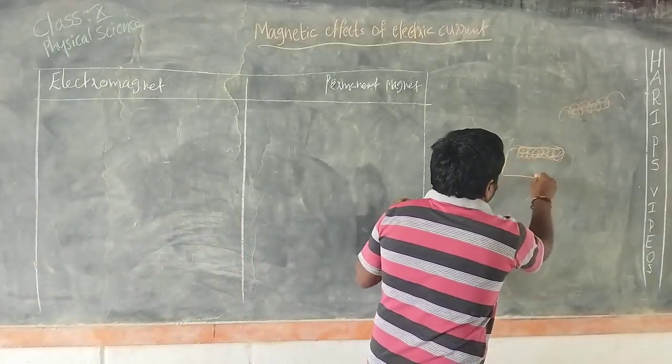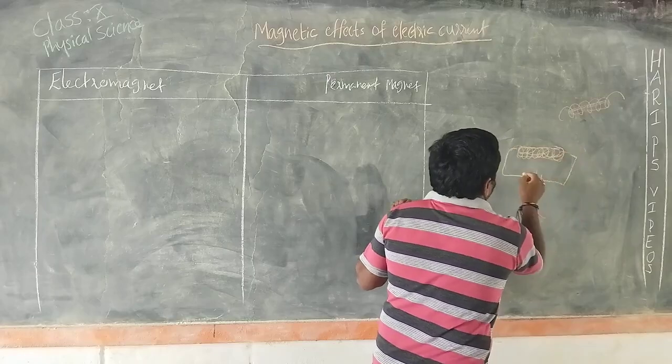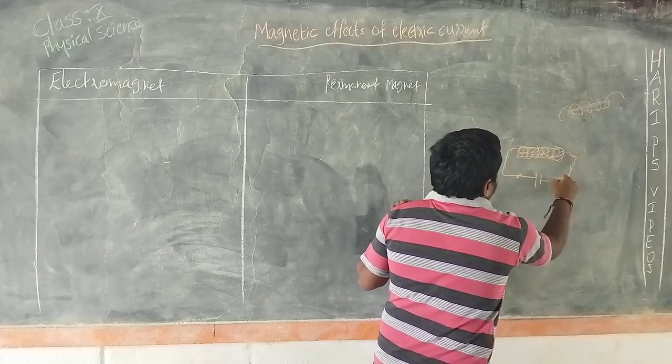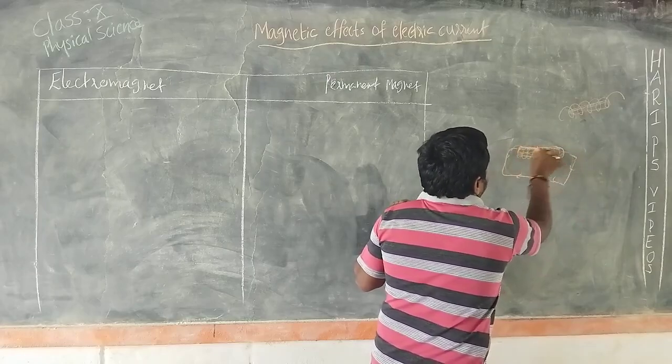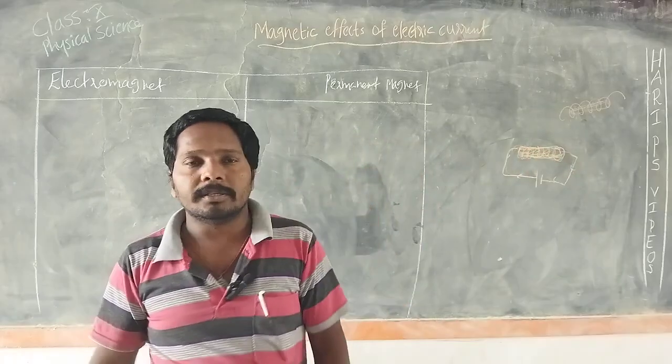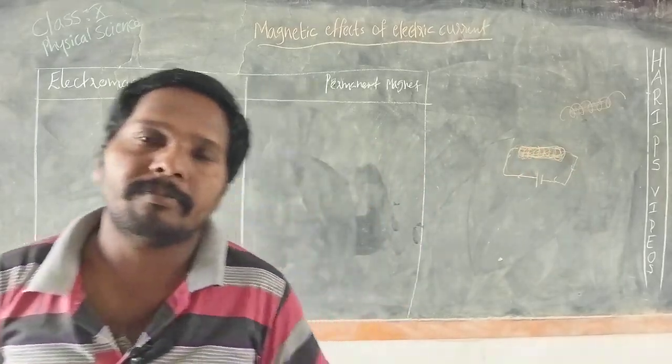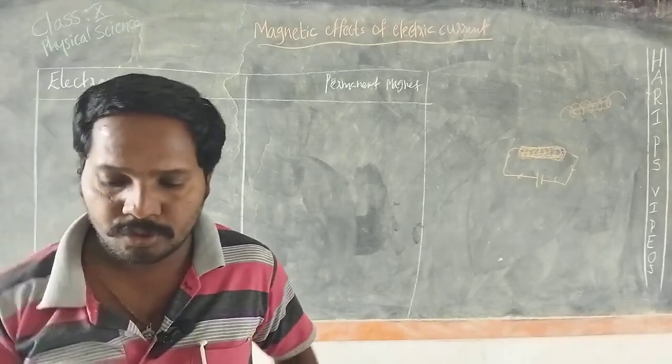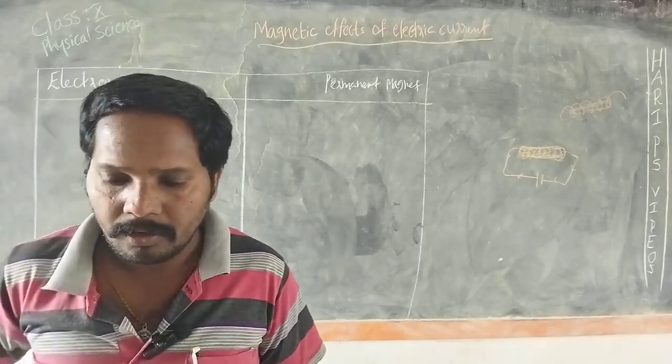By passing electric current, the soft iron turns into a magnet. Such a magnet is called an electromagnet.